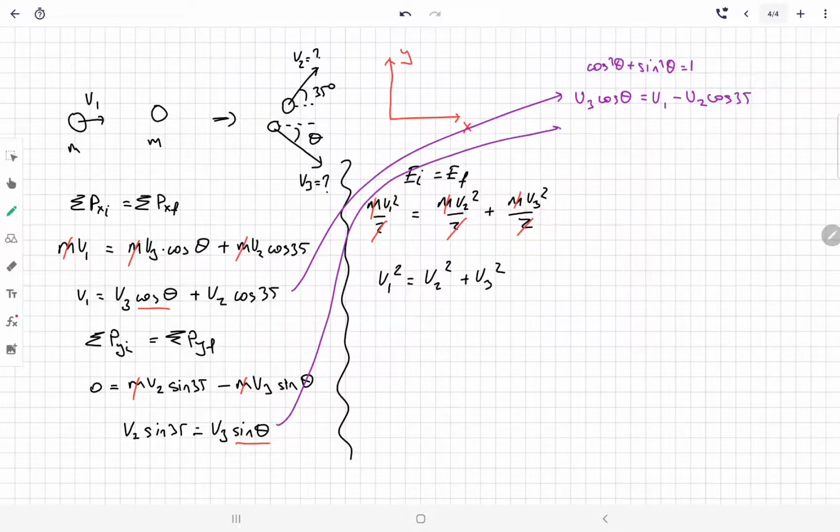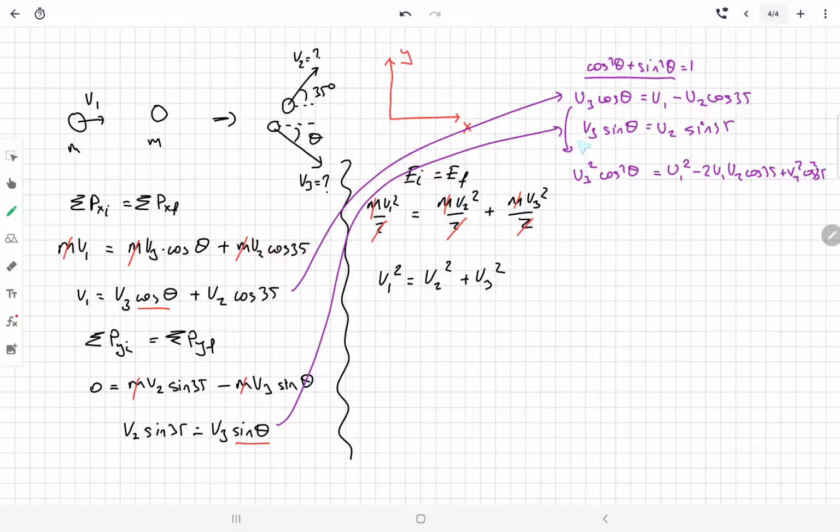From the second, v3 sine theta equals v2 sine 35. Let me square both sides and add them, so that cosine squared plus sine squared equals 1. So v3 squared cosine squared theta equals v1 squared minus 2 v1 v2 cosine 35 plus v2 squared cosine squared 35. Maybe we'll get useful information.